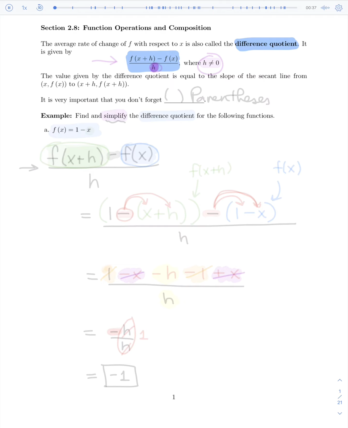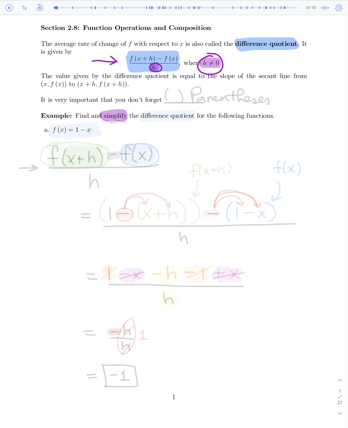Now notice you do have an h on the bottom of this, but it also says that h can't be 0. So during our problems, we're going to be told to simplify. And in order to simplify, we need to simplify this fraction in such a way that when we're done, we don't have an h on the bottom, which means we'll have to factor or cancel or do something so that that h doesn't remain in the denominator of my final answer, because we can't have something that can equal 0 on the denominator.